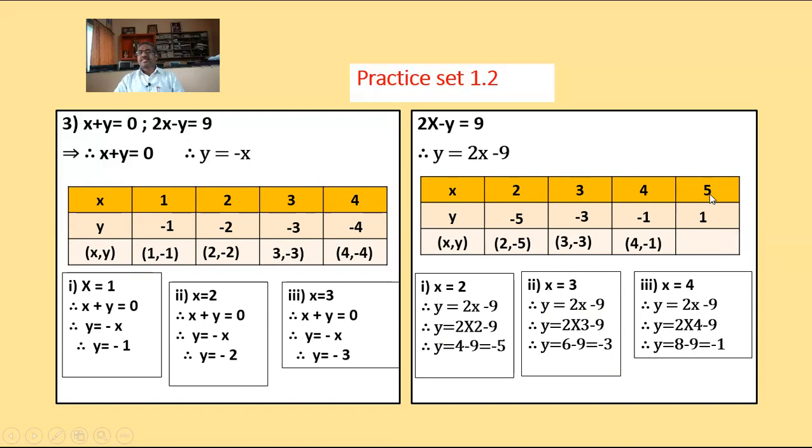When x is equal to 5, 2 fives are 10, therefore 10 minus 9 is equal to 1, hence we get the coordinate point (5, 1). We plot these coordinate points on the graph paper, then we get the solution of the given simultaneous equations.